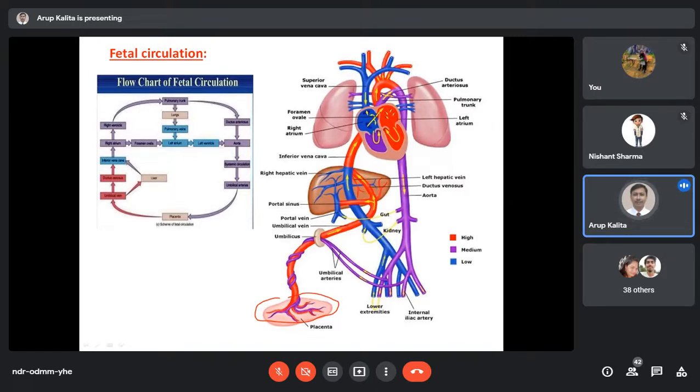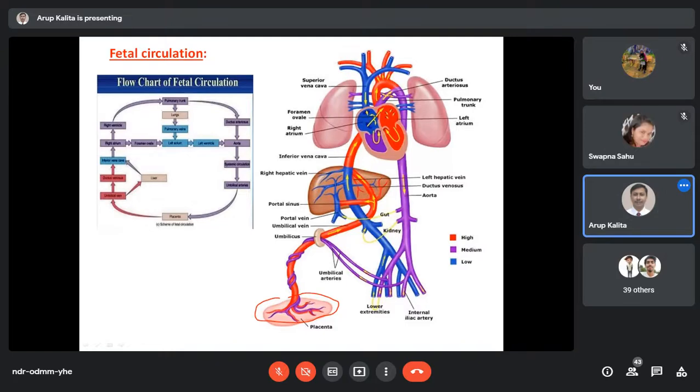That means the fetal stomach is not working at that time. So there are 2 differences in the fetal circulation. Number 1, exchange of gases takes place in the placenta. Number 2, the fetus will get the nutrition from the pre-digested food from the mother. Clear to you?